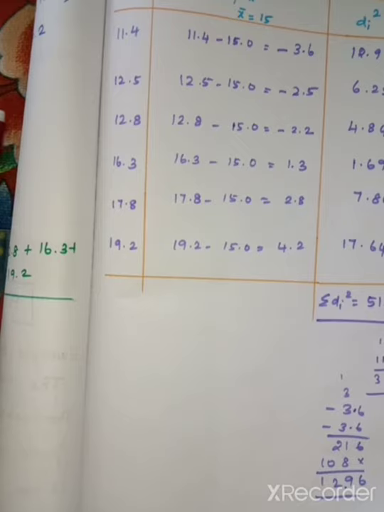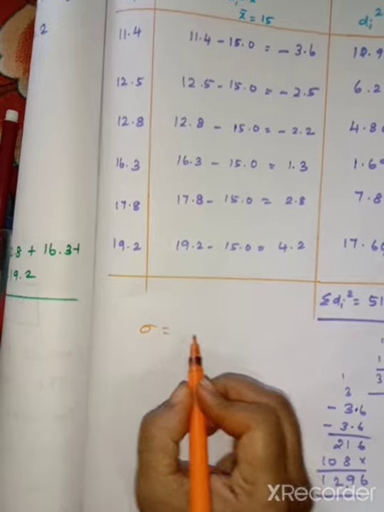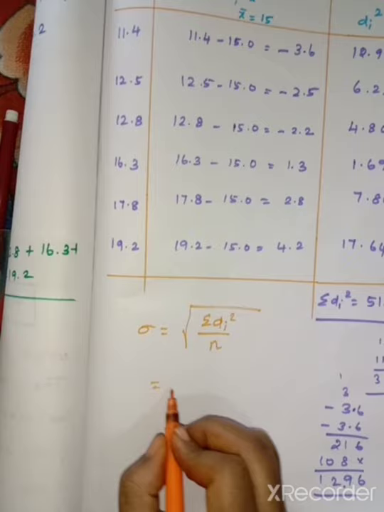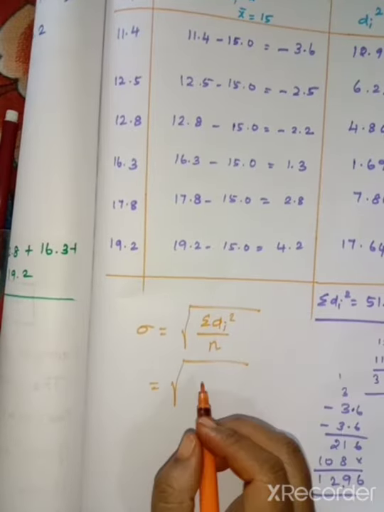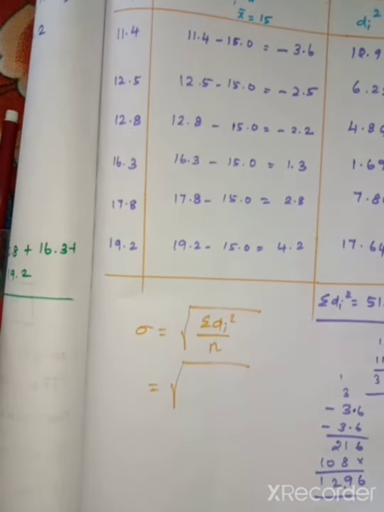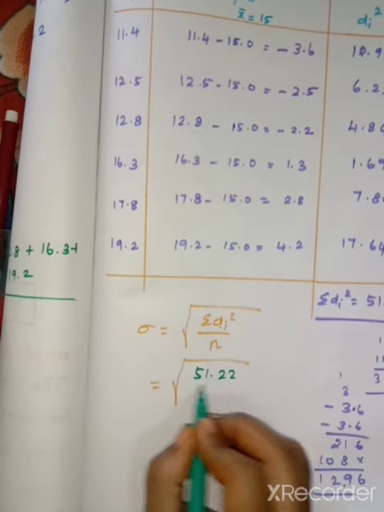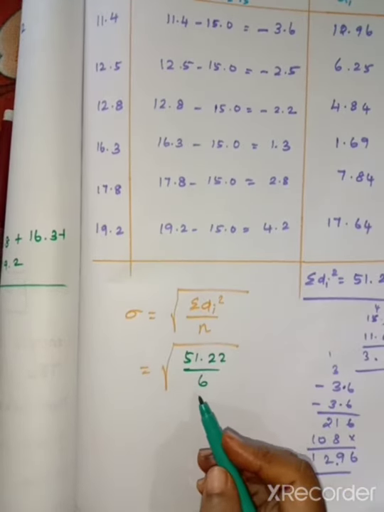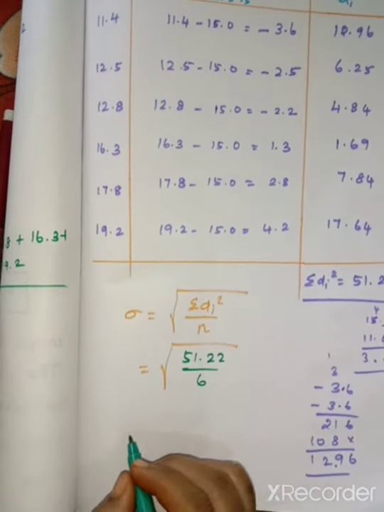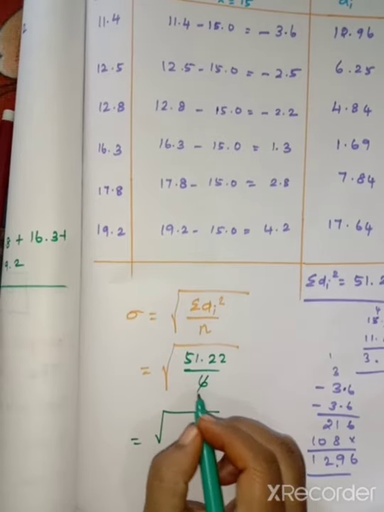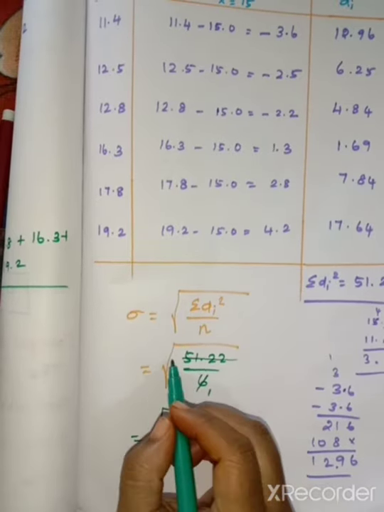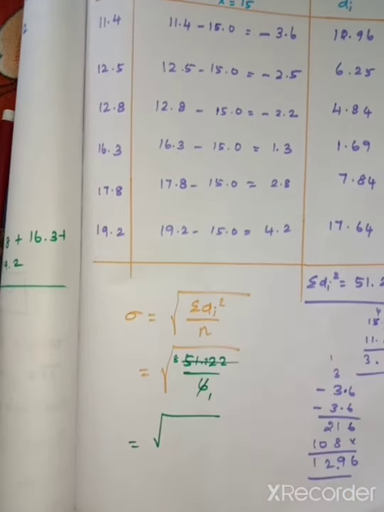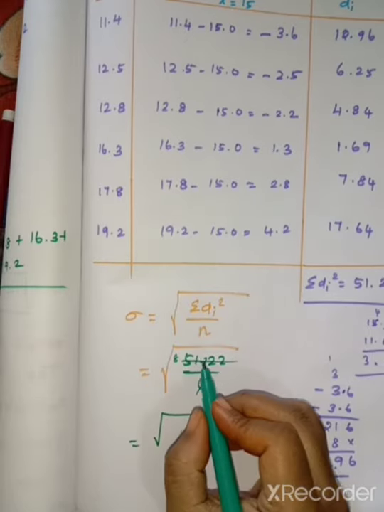The standard deviation formula is sigma equals root of summation di squared divided by n. Here summation di squared is 51.22, divided by 6. Using the 6 table, 6 eights are 48, so 48 leaves remaining 3 2. Then 5 sixes are 30.